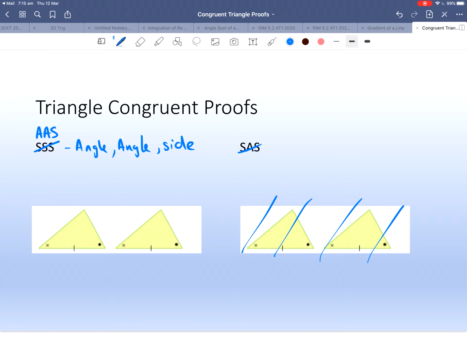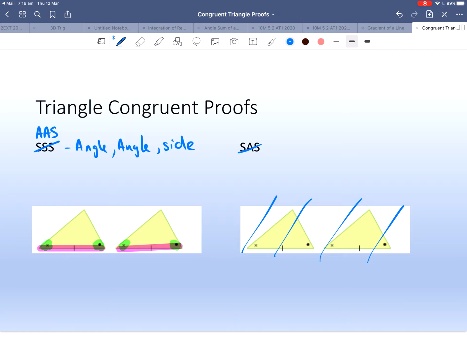It's not just any 2 angles and 1 side. It has to be 2 angles and the side has to be the one joining them. So we've got 2 angles and the side is joining them. If this occurs in 2 triangles, then we can prove that they are exactly the same.